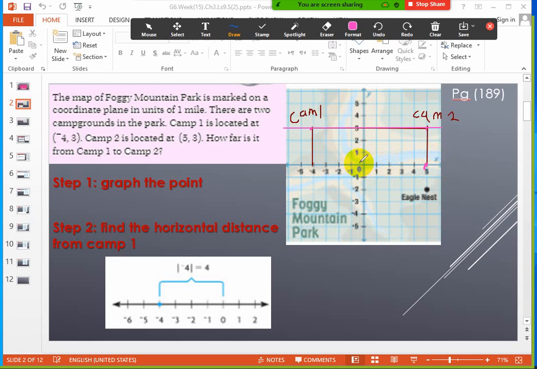Also, for point 1, the x coordinate is -4. To locate this coordinate on the x-axis, I have to move from the 0 point, to the left side, 4 steps: -1, -2, -3, -4.